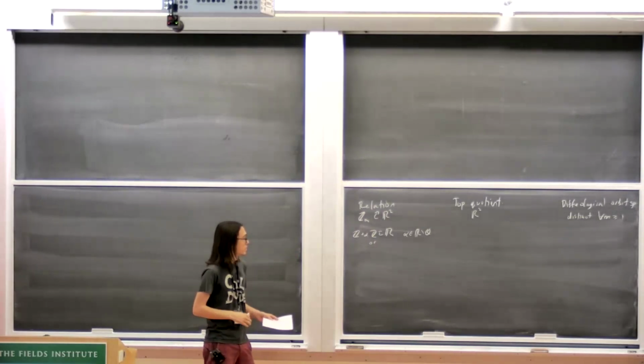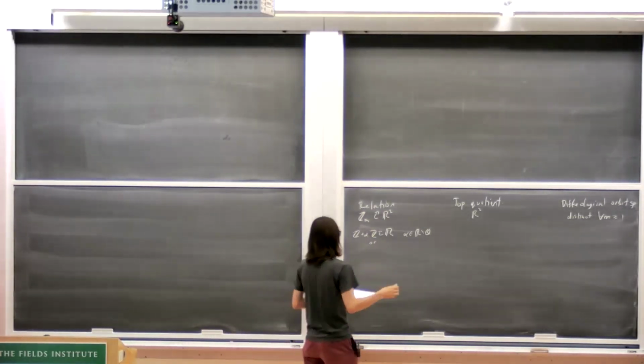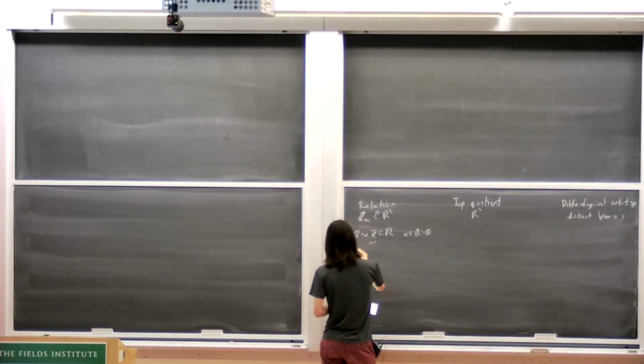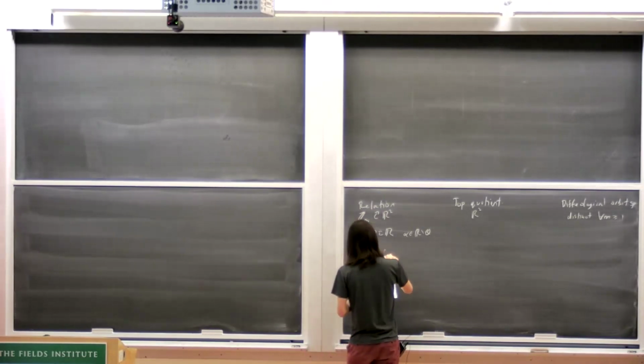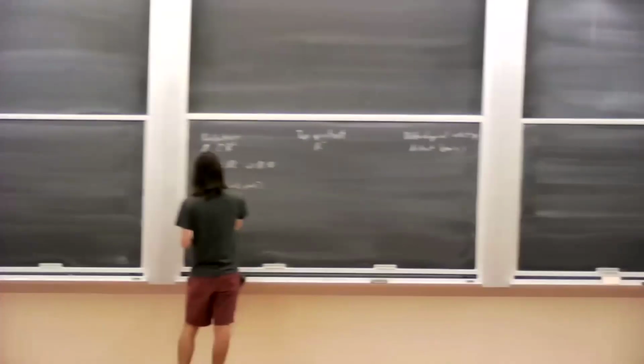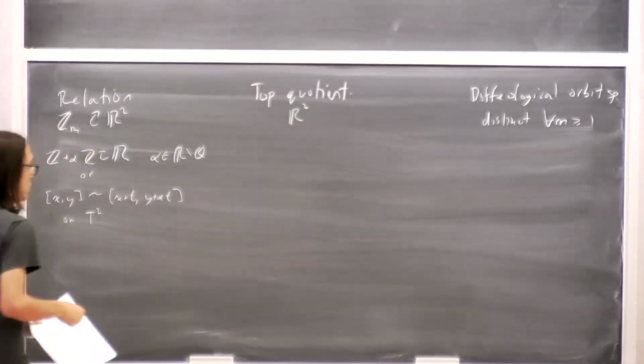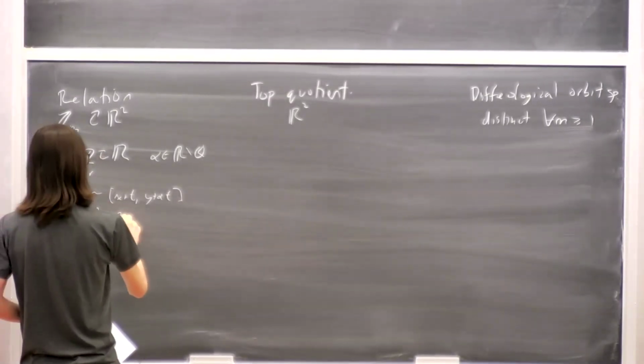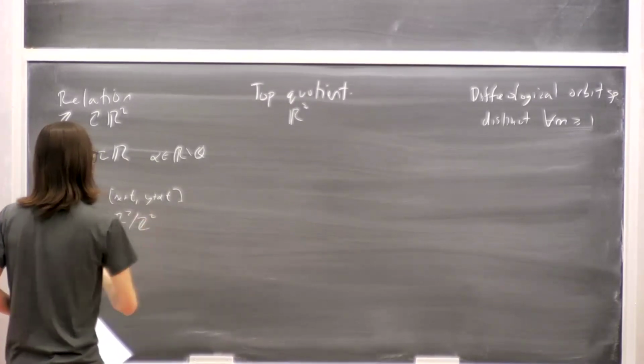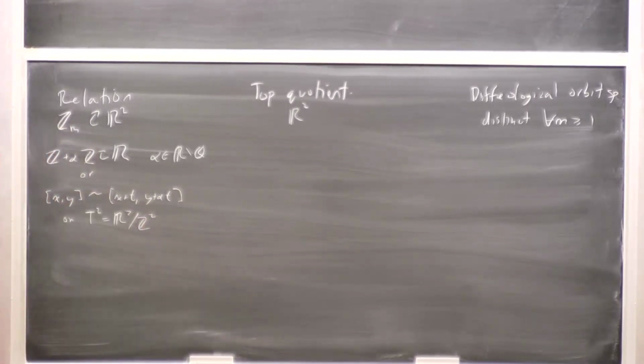Here is something acting on R, and here is a partition of some other manifold. So it will be the torus, where (x, y) is related to (x plus t, y plus alpha t). So this is a relation on T2, which we'll view maybe as R2 mod Z2. So let's consider both of these relations.